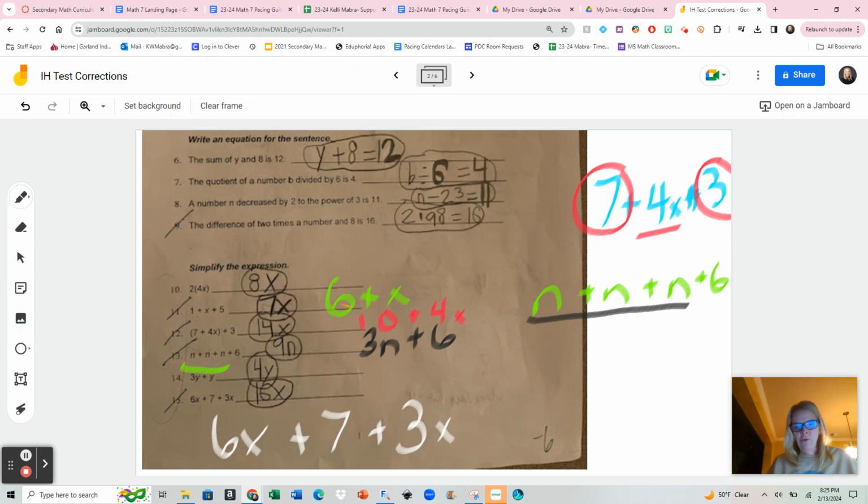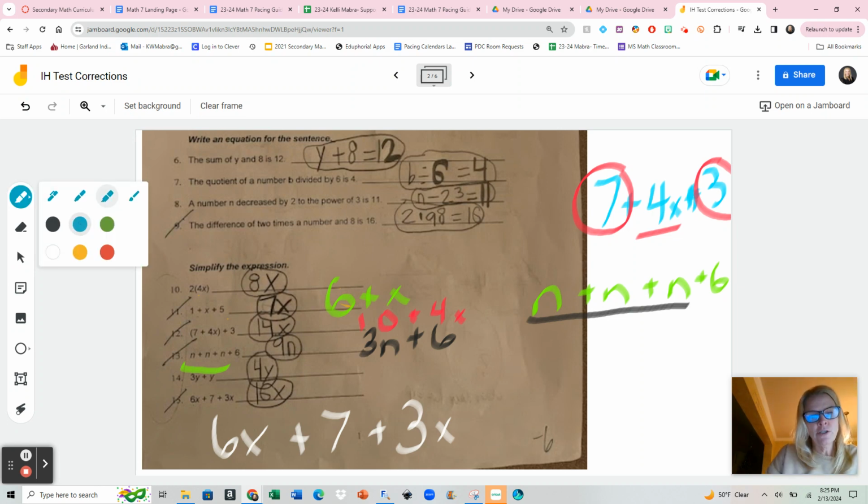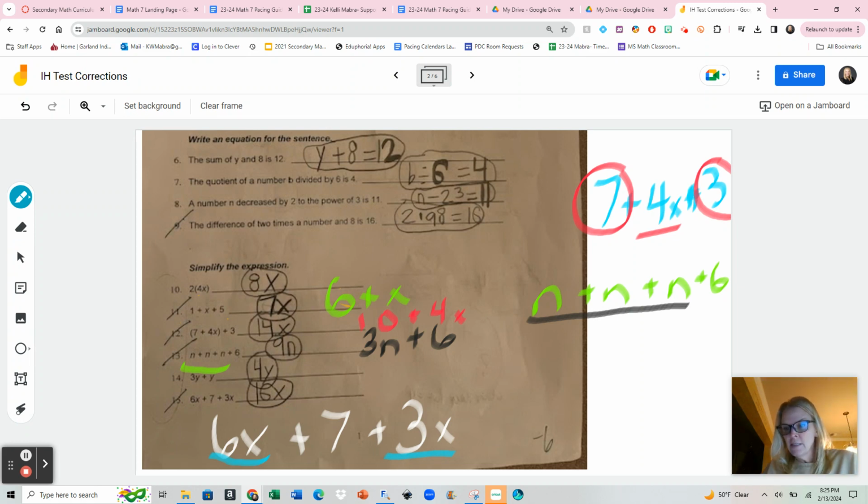If you are confused, you know that that's just going to be 7 wholes; I'm not going to combine a whole number with an x. So then what I'm going to do is combine like terms, or like things. What's alike? I have a 6x and I have a 3x. If I have 6 x's and 3 x's, I'm going to have a total of 9 x's plus 7. And that's your answer to number 15.